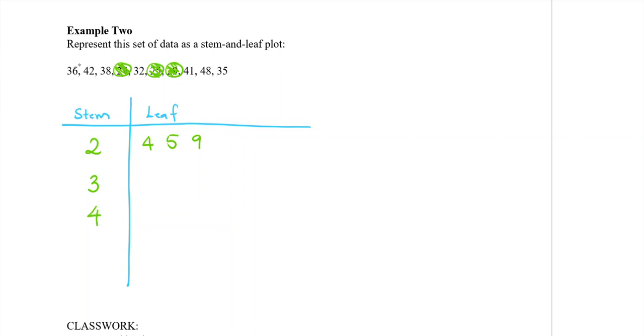So the 30s, I have 36, 38, 32, 35. There's 4 of them. In order would be the 2, 5, 6, 8. Cross those ones off because they're done.